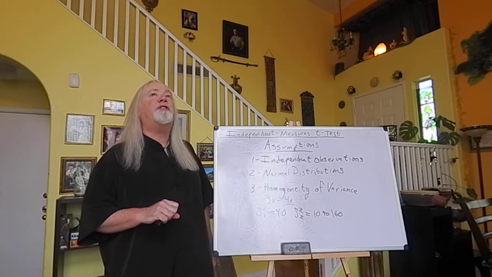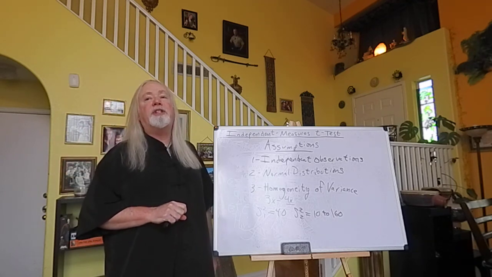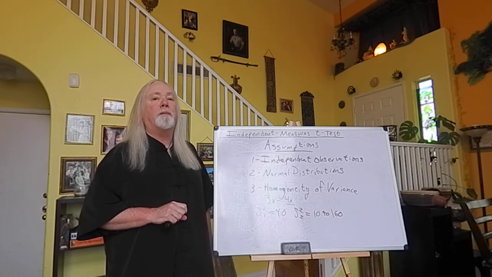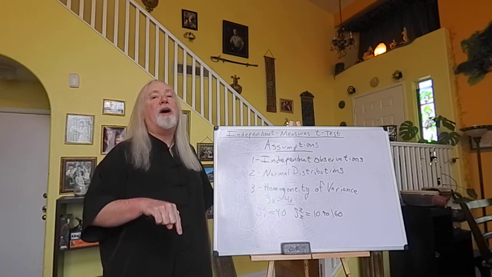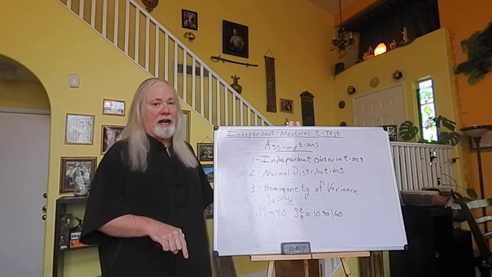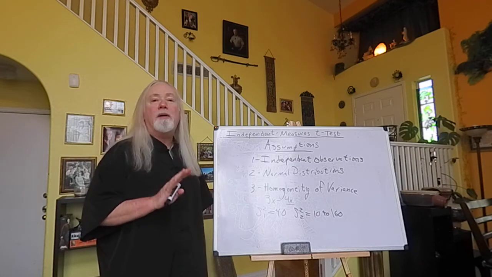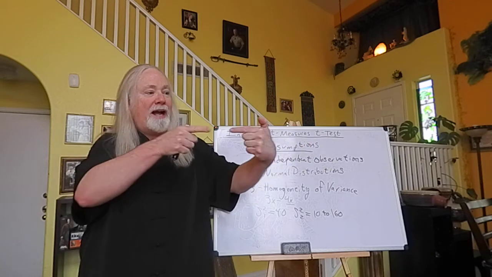If mean differences go down, then our t-statistic value should go down. And if our t-statistic value goes down, our odds of rejecting the null hypothesis go down.